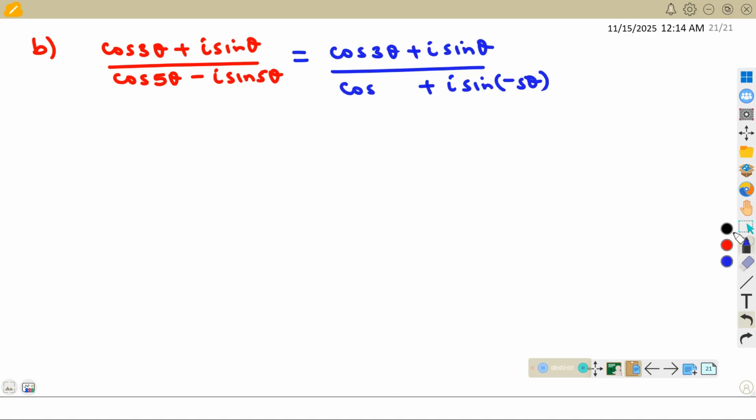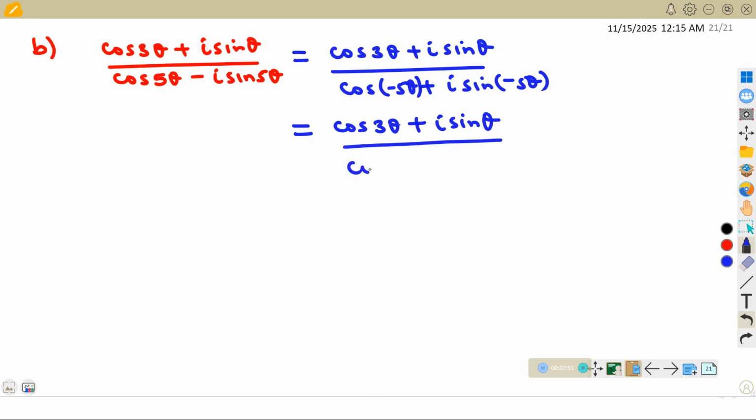Looking at what we are having, this is 3 theta, but this one here is theta. Since it is given like this, we shall continue solving it the way it is. Otherwise, if this was 3 here, then it would be easy, you could also pull out the 3. But since it is not, we shall maintain it the way it is. You can't place a 3 here if it is not given.